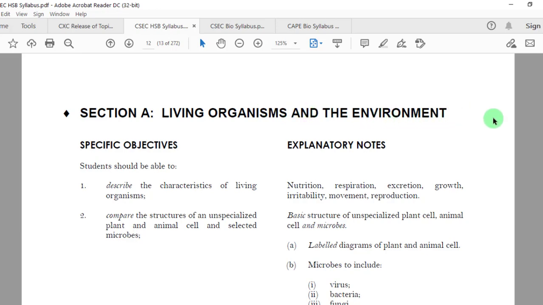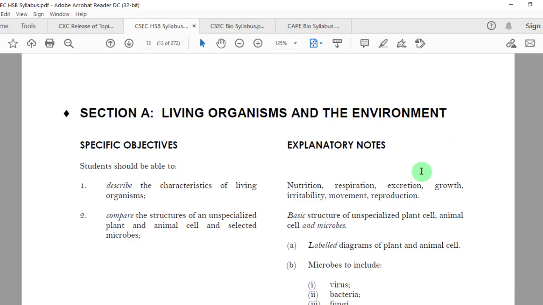But it also included in brackets food chains. The interpretation for that is basically focus on food chains, because section A is a very big section.